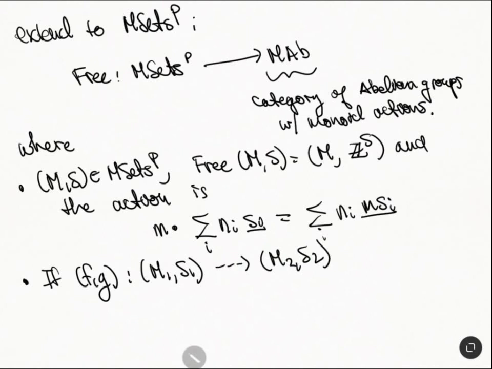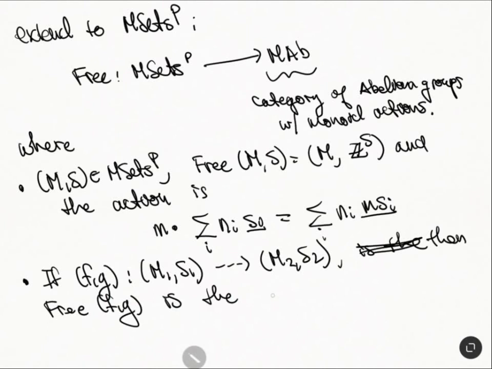Then this is just the natural map. Free of FG is the obvious, natural map of monoids with abelian group actions.